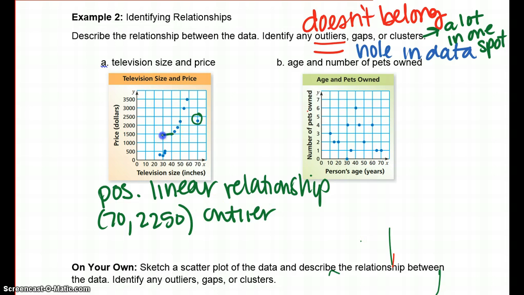And I would consider right here to be a gap. So there's a gap in the data from 500 to $1,500. And I would consider there to be a cluster right around $500.